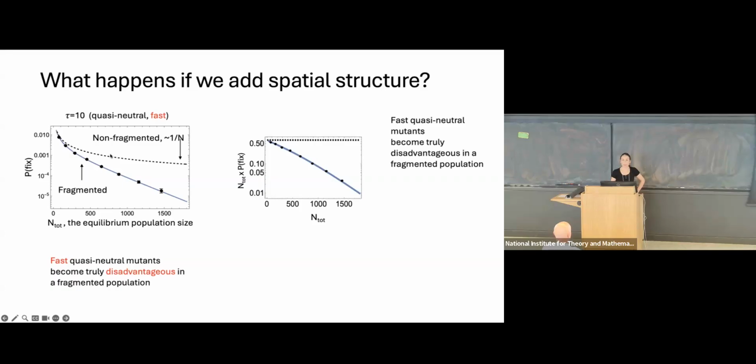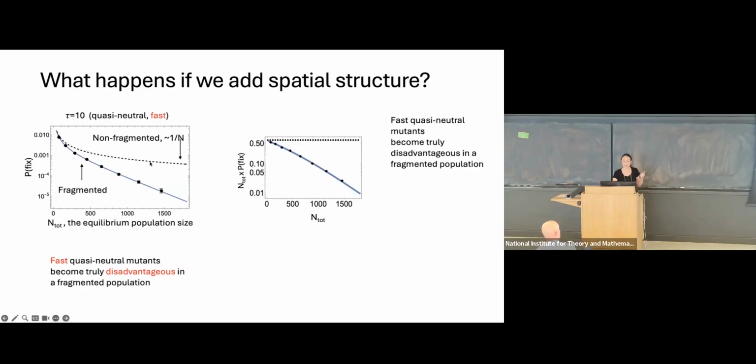If the population is non-fragmented, you have this line, we've already seen it. It's 1 over n on the log scale, scaled with a constant factor. But now when my population is split, you have this. My mutant is 10 times faster, and it behaves completely like a disadvantageous mutant. And look at the difference.